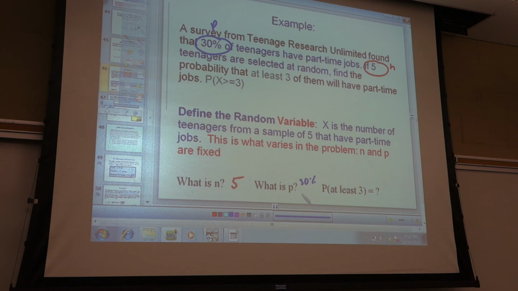All right, what does probability of at least 3 mean? At least 3 successes means a probability of 3 or 4 or 5. Or, we what? Add. So we're going to find all 3 probabilities and add them.